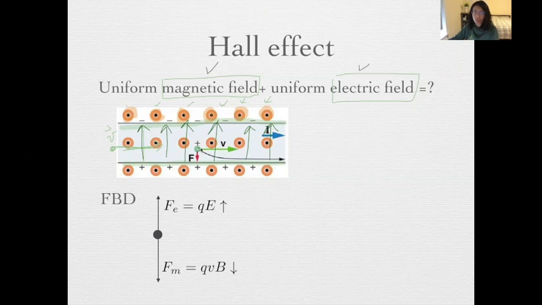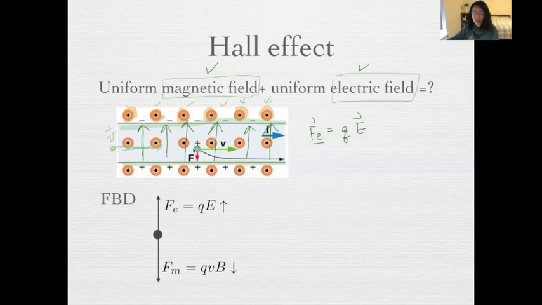So now let's look at the electric field first. The charge feels the electric field, then we'll create an electric force. And if you look at the direction, because this is positive, it wants to go upward along the field line.